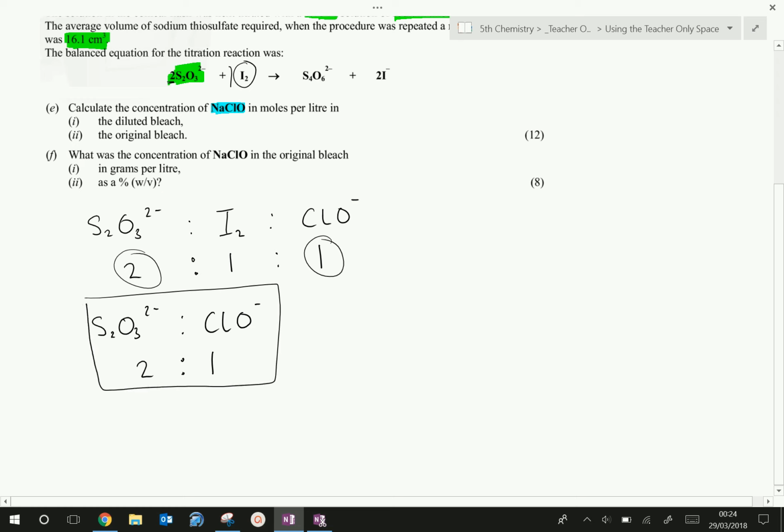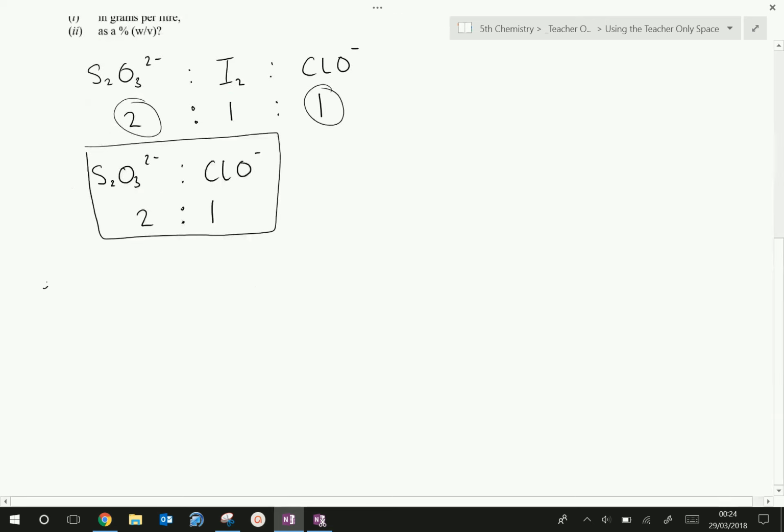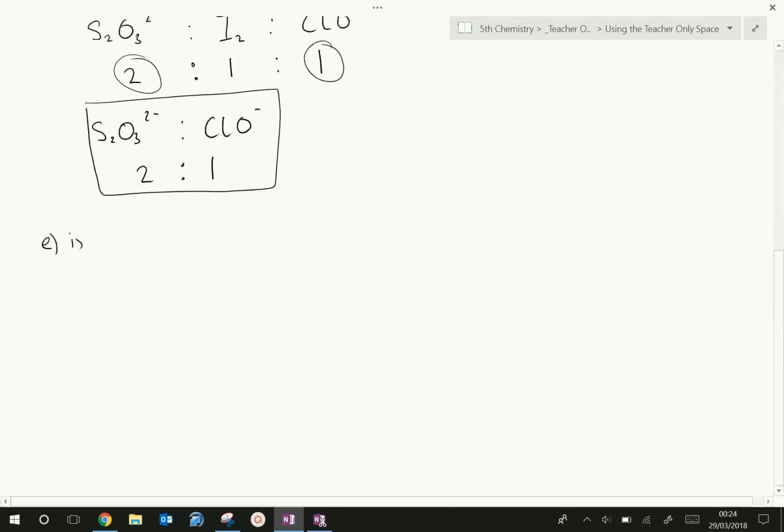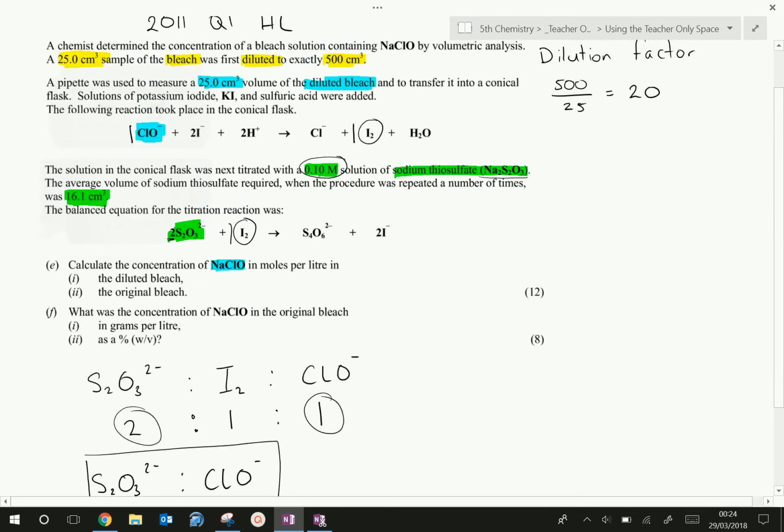So calculate the concentration of sodium hypochlorite in moles per litre in the diluted bleach. So for E part 1, I'm going to start as I normally would with the concentration I know. And I know I have a 0.1 molar solution of thiosulfate. So I have 0.10 moles per litre of thiosulfate. Did I use a litre of thiosulfate though?